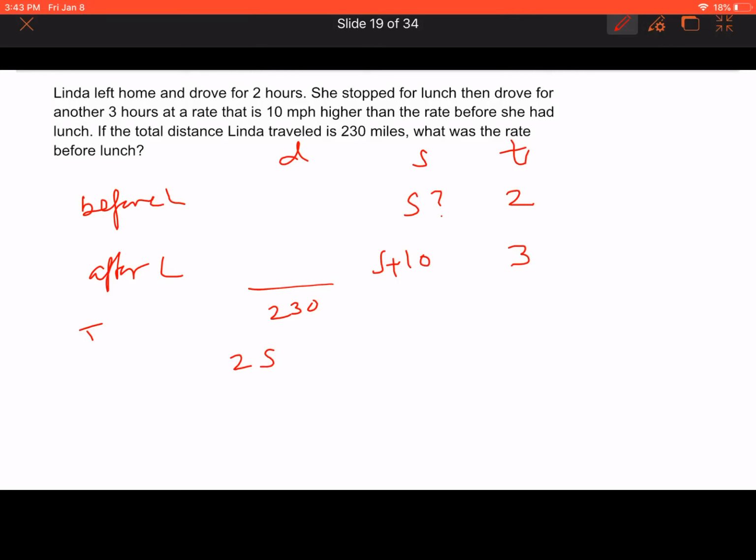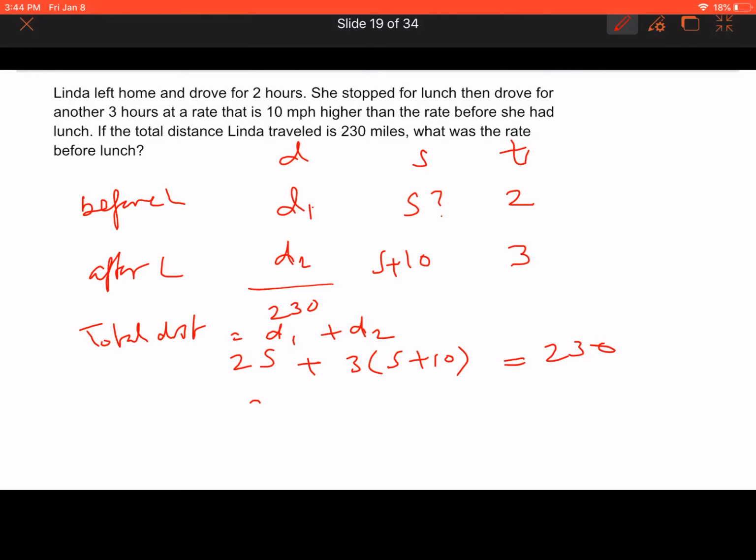So the total distance is equal to d1, that is before lunch, and d2, right? So d1 we can find as s into t, that is 2s, plus d2 is 3 times s plus 10, right, which is equivalent to 230.